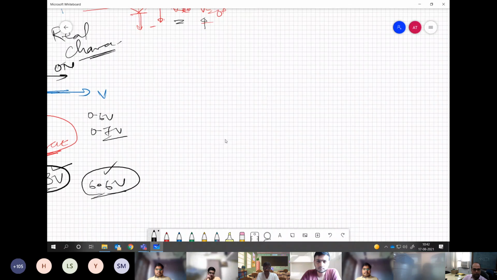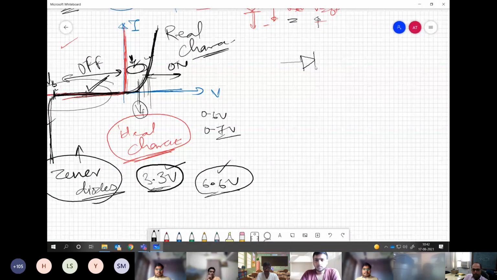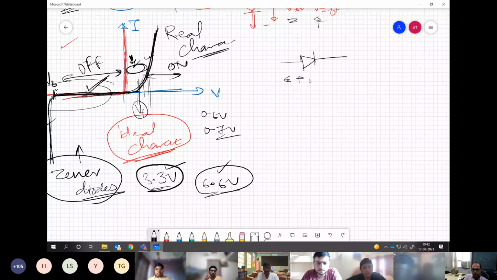Yes. Now let's talk about the off state. So whenever our diode has this voltage, let's say less than some 0.6 volts or 0.7 volts, we say that it is in the off state. In this case, it is not conducting.